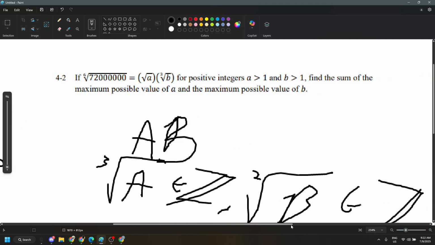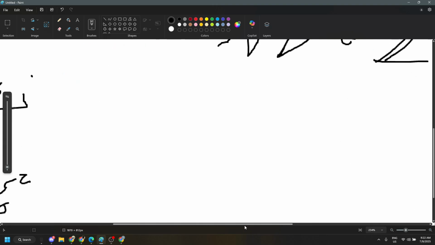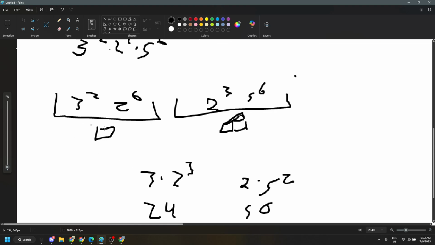And the sum of the max. Oh, it's not at the same time. It's just individually. So the maximum value of A is 24. We know this.